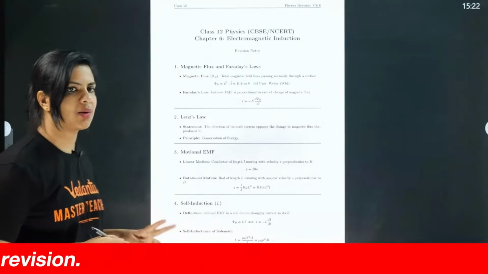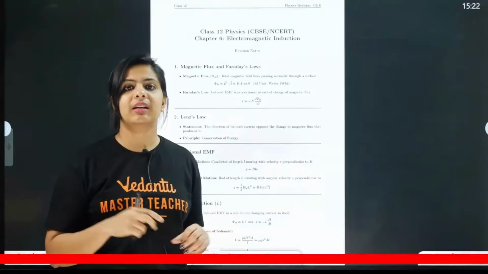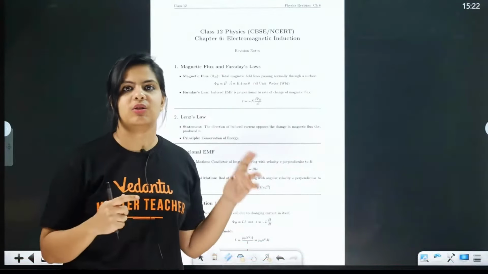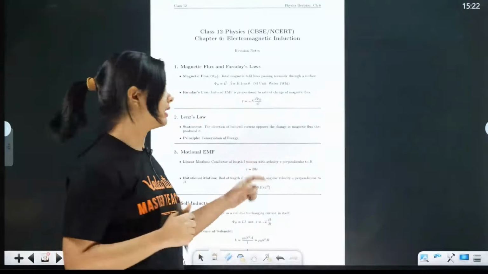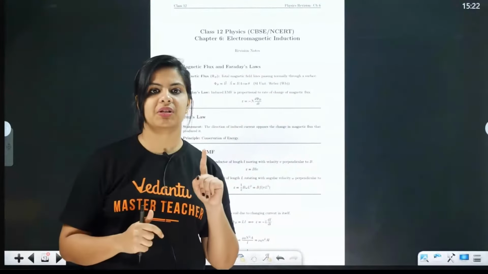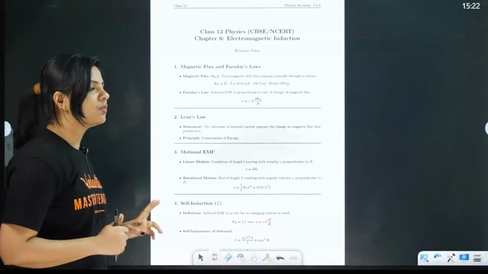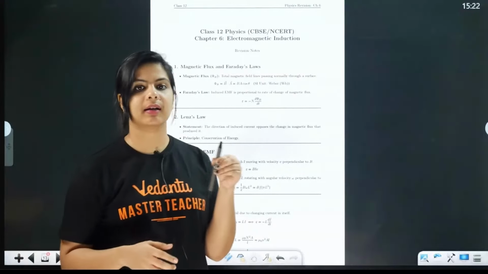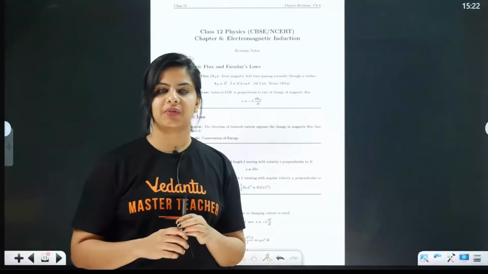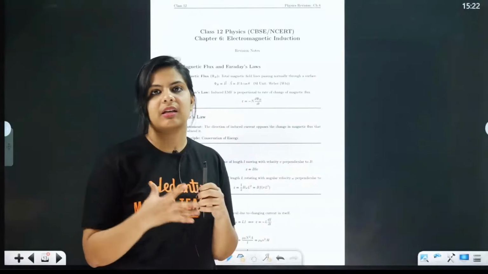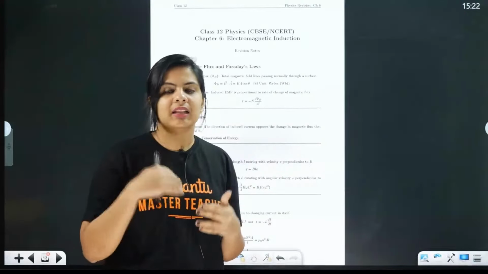Next one, Lenz's law: the induced EMF always opposes the change in flux. So the induced EMF is equal to minus n delta phi by delta t. Next one, motional EMF. If a conductor is moving in an external magnetic field, the charges will also experience a magnetic force.